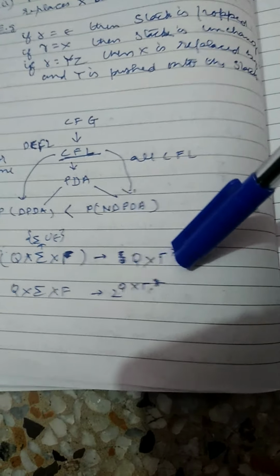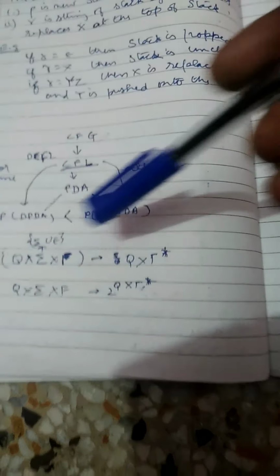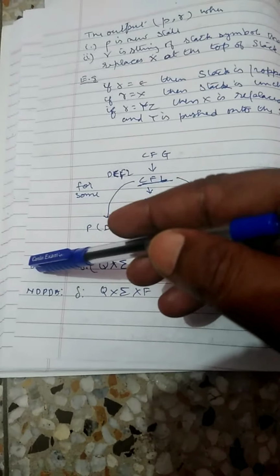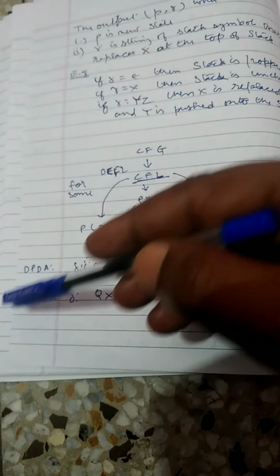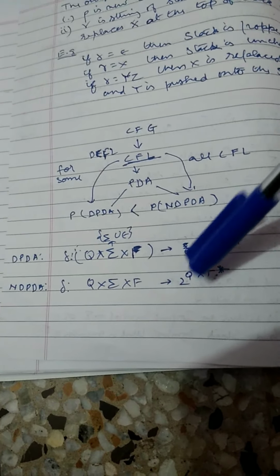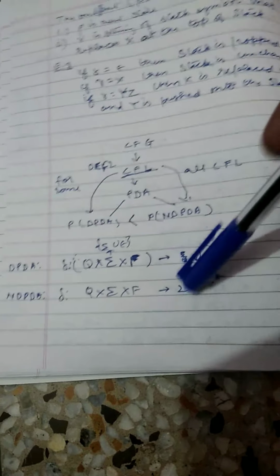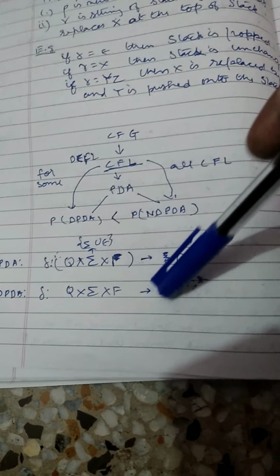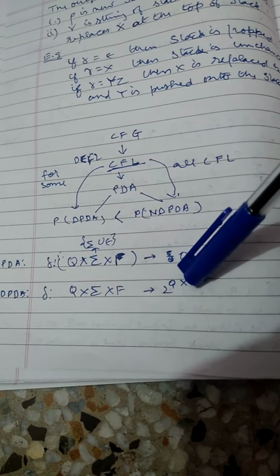This is about deterministic push-down automata. In non-deterministic push-down automata, everything remains the same, but the output is 2 raised to Q into tau star. This will be covered later on.